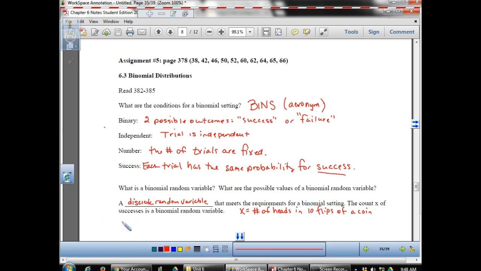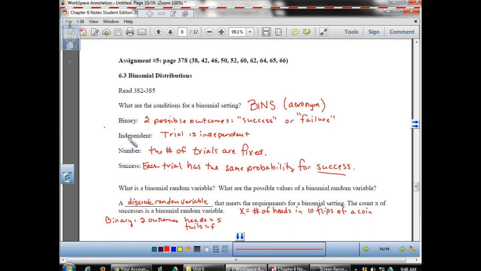So how would this meet our binomial setting? First of all, it is binary, because there are two outcomes: heads, which is going to be our success, and then, of course, tails, which is going to be our failure, just for the sake of this example.